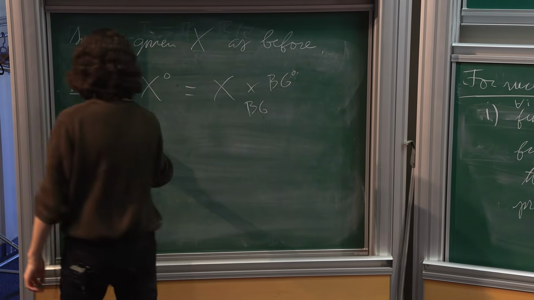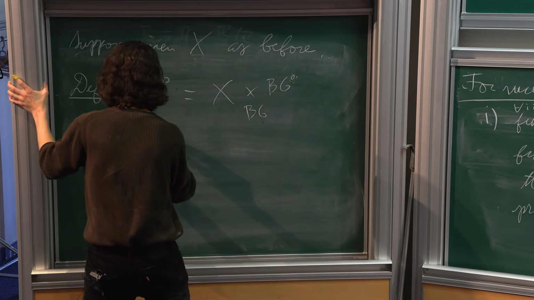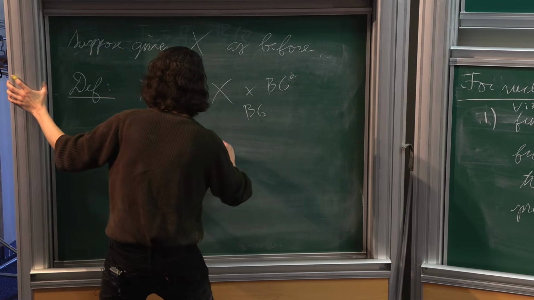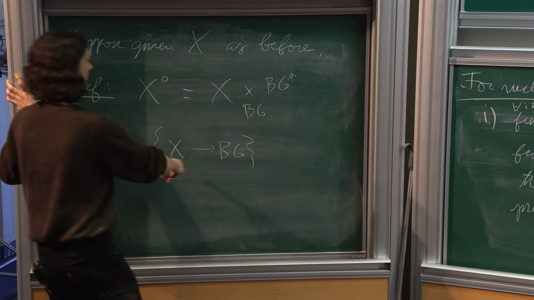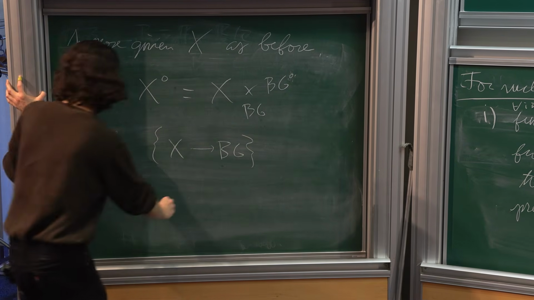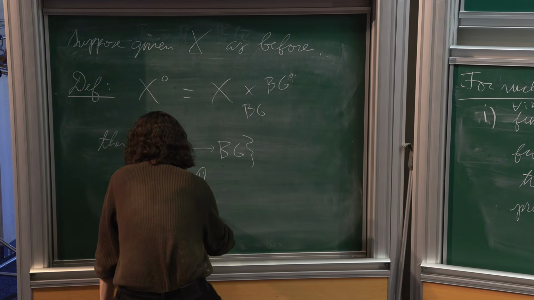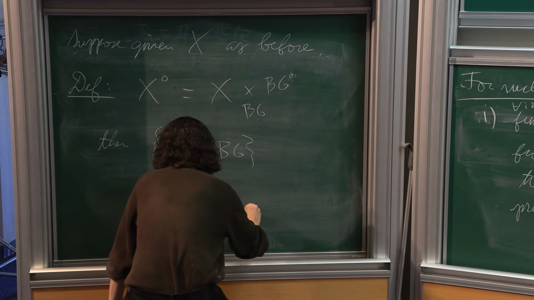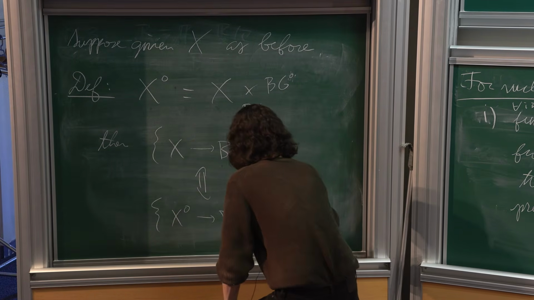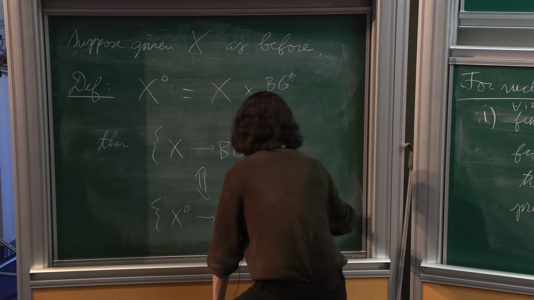Then the data of X equipped with its map to BG, which is giving the one truncation in our example, is equivalent to the data of the same thing but with a connected component, but this being equivariant with respect to this profinite group.